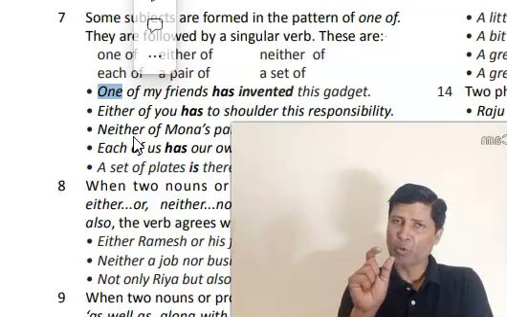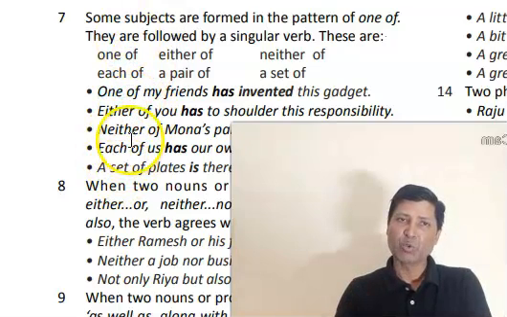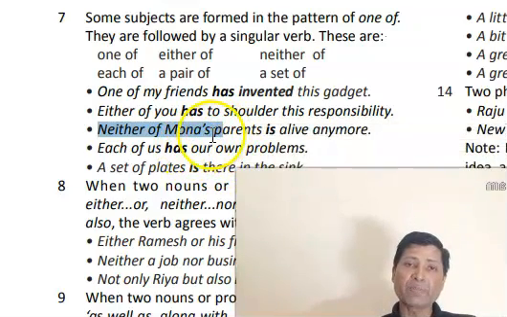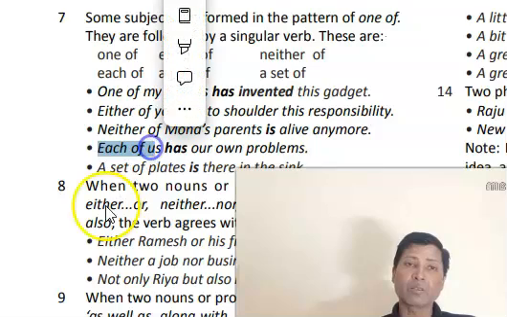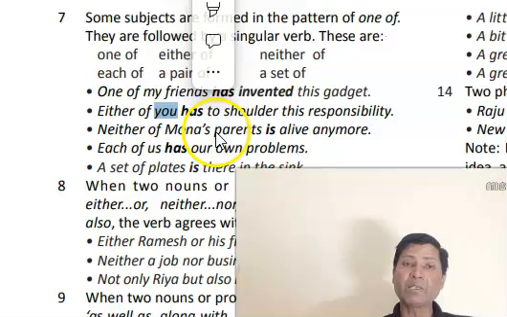Whenever a group of words is working as a subject and it involves a preposition, for example, one of my friends, either of you, neither of Mona's parents, each of us, a set of plates. You can see the friends word is closer to the verb. Here you is closer to the verb. Here parents is closer to the verb.